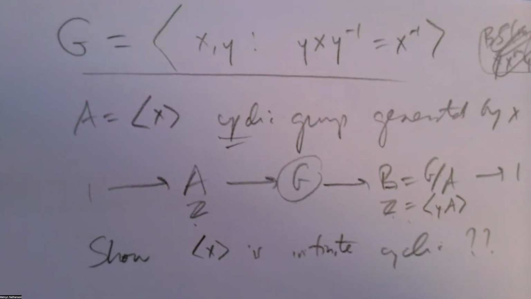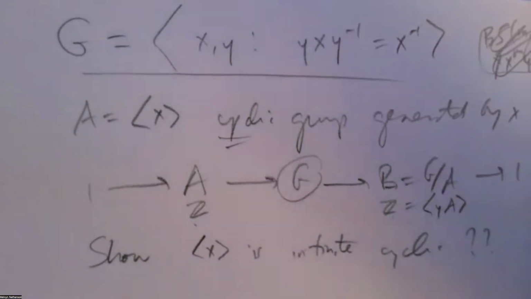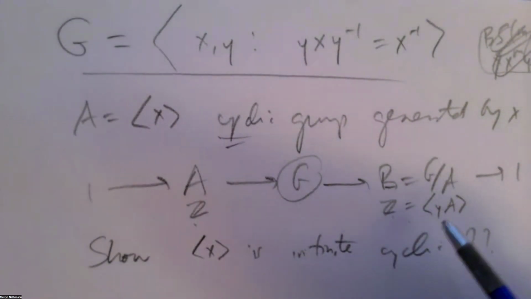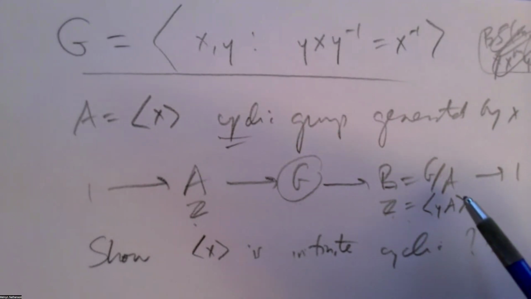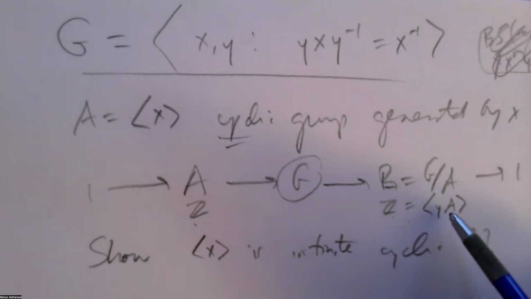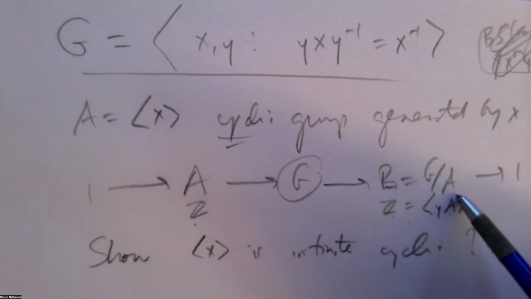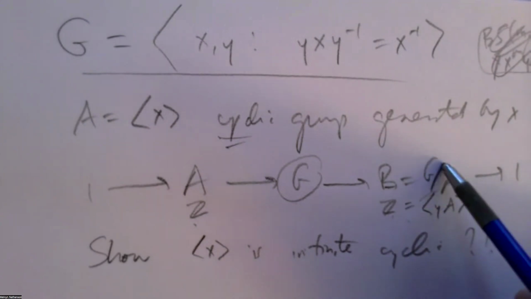One thing that I'm curious about is the second assertion that the quotient has to be cyclic. Why? I mean, it's cyclic for the same reason Alexander was saying, that every group element can be written as a power of x times a power of y.